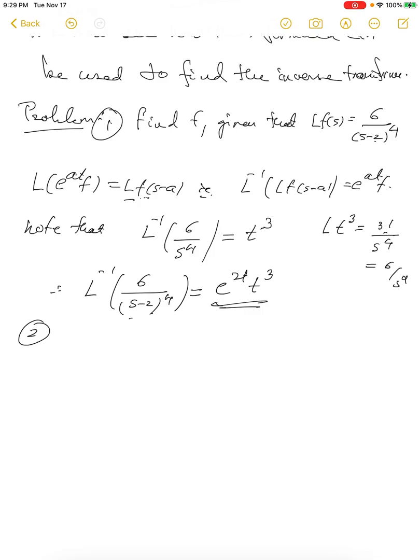So let's do another one. Now we use shift formula 1 and the trick of completing squares together. Maybe before writing this, I will just mention this as a remark.